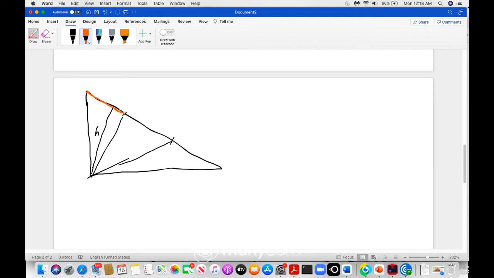The reason I want this side length, or the reason that I can easily obtain that side length, is because we know that this entire hypotenuse, which is BC, I know that entire length is A. So I'm actually just going to draw that as a segment because I think that'll be a lot easier to visualize.